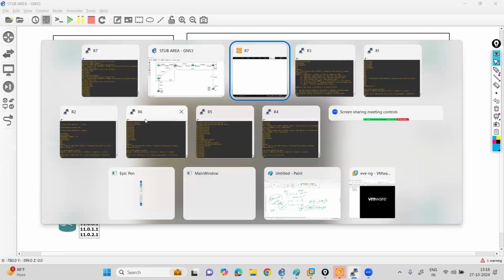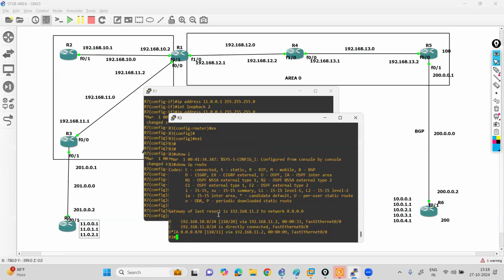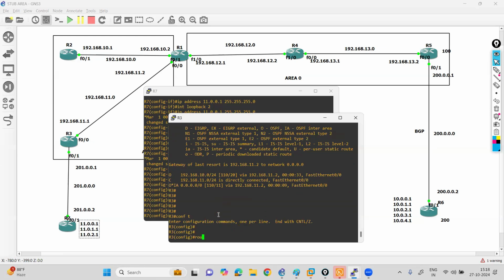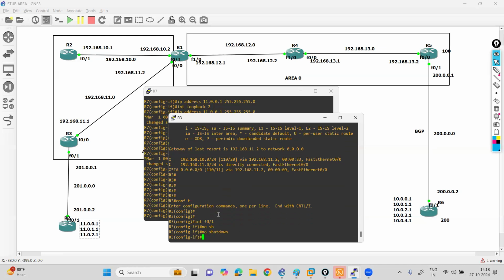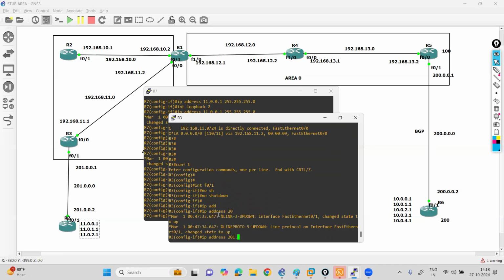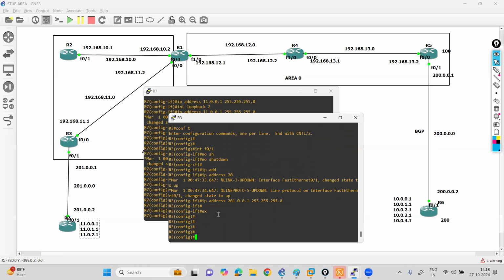Let's provide the IP address to router number 3 also. Configure terminal, interface F0/1, no shutdown, IP address 201.0.0.1, 255.255.255.0.